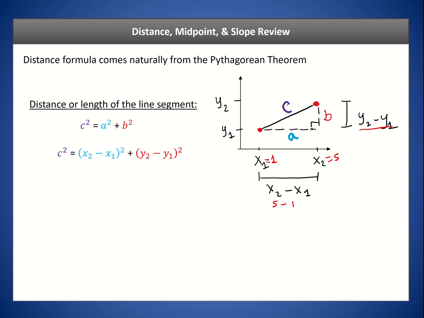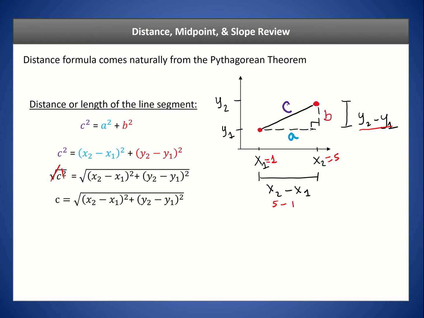So a squared becomes (x2 minus x1) squared, and b squared becomes (y2 minus y1) squared. Now we're going to get rid of the square on the c by taking the square root of both sides. Remember that the square and square root cancel, leaving us with simply c on the left side. And so this is the distance formula. Notice that the distance formula comes from the Pythagorean theorem.